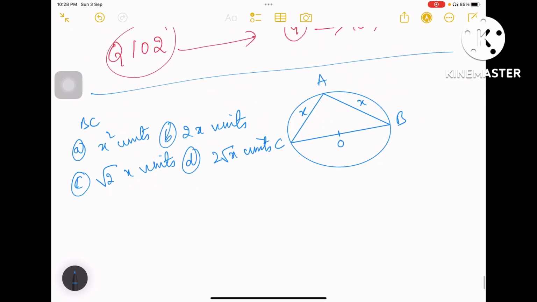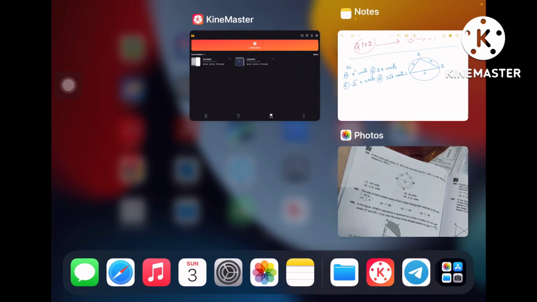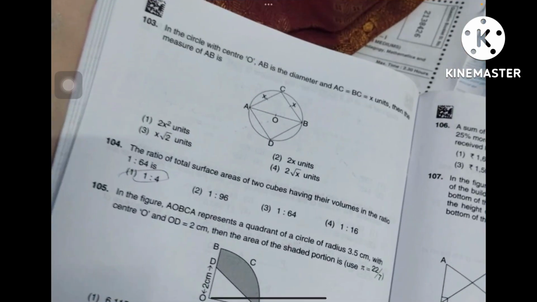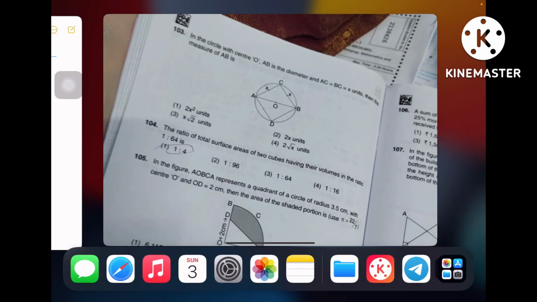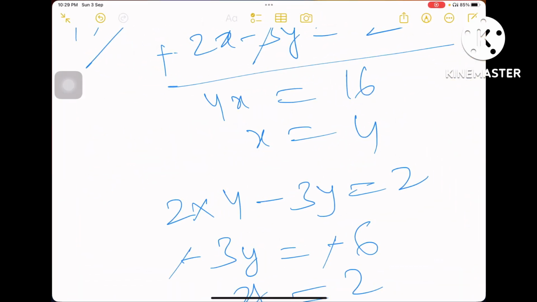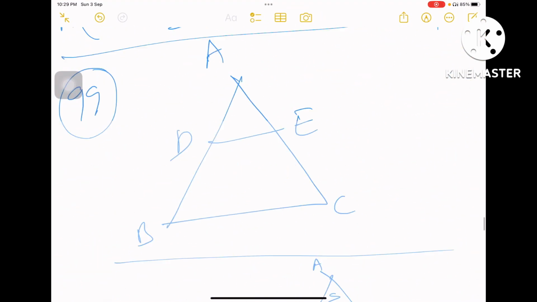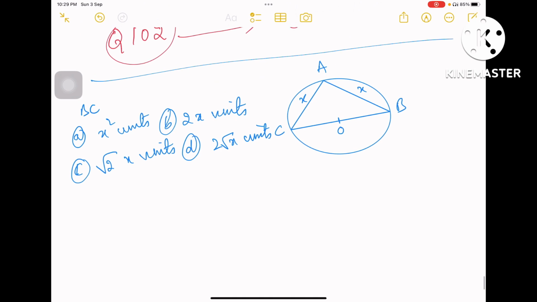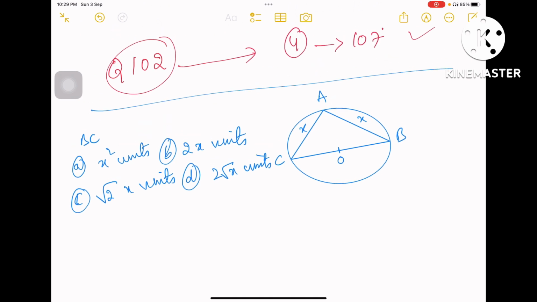Let's confirm it once. See, x square, 2x, root 2x, 2 root x are the options. These are the 4 options that we have.